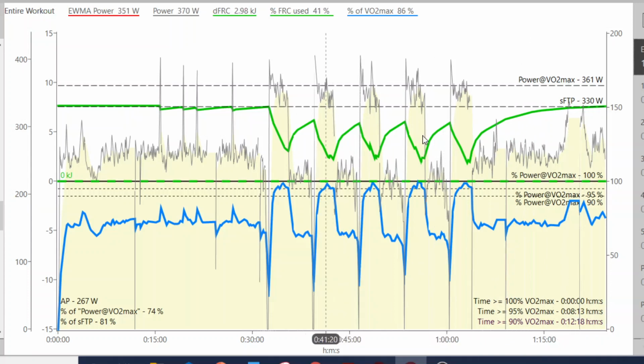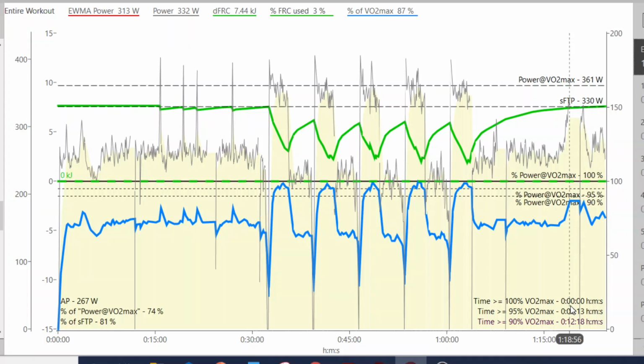So if you look at it in this context, we have 15 minutes of work intervals, and in this case, about 14 minutes of recovery intervals. We've got a 29-minute long work session in which the athlete was about 8 minutes and 13 seconds in that 95 to 100% of VO2 max range. That's pretty good.